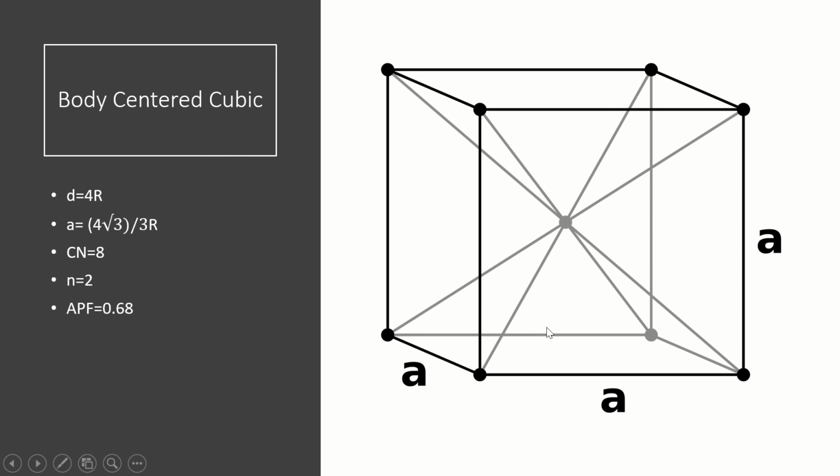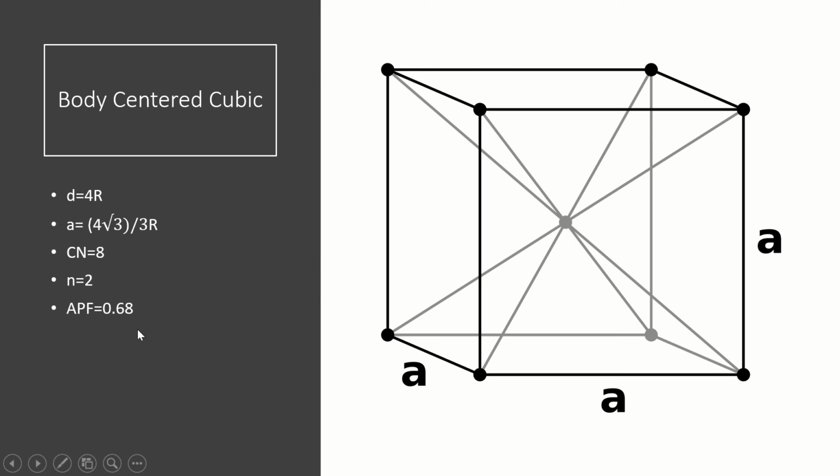So if this is a cubic structure of, for example, silver, all of these are going to be silver atoms. And the coordination number is 8, so each one of these atoms is touching 8 other atoms.